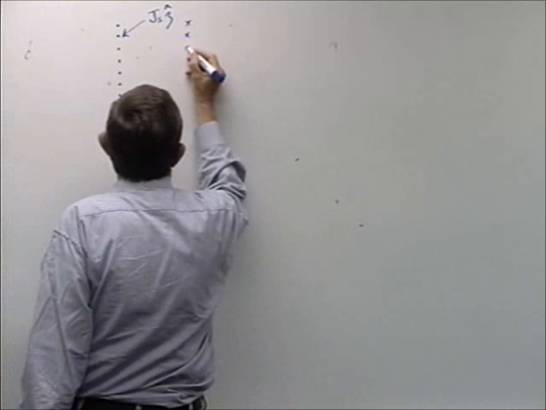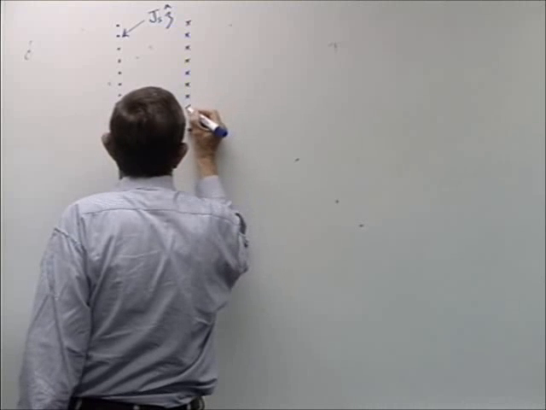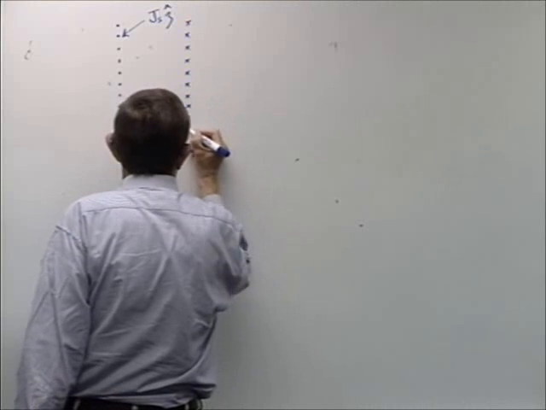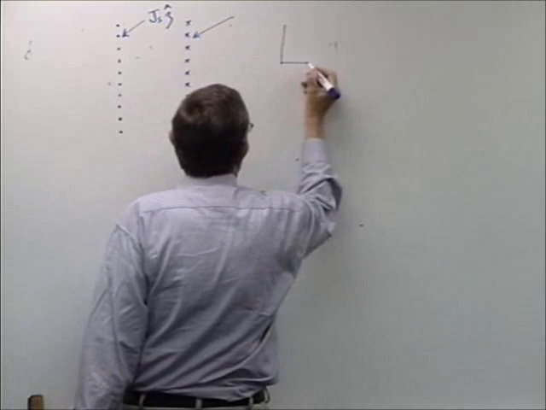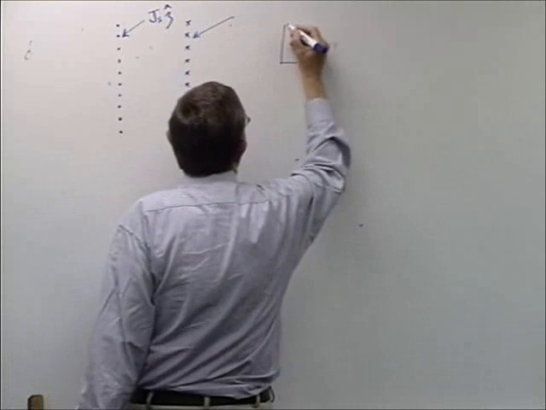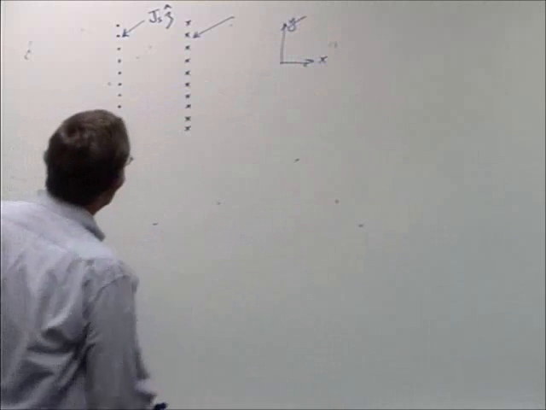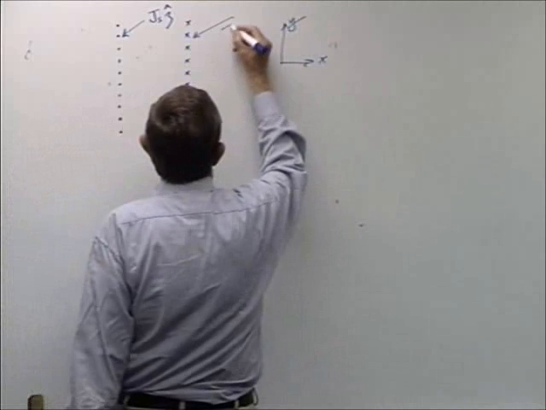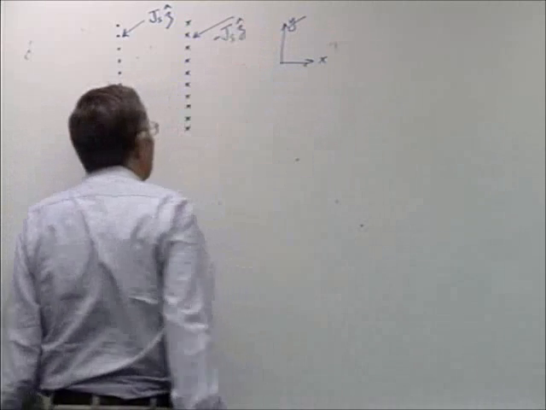Current's going into the board. So Z's coming out of the board here, it's going into the board here. So this is JS minus Z hat.